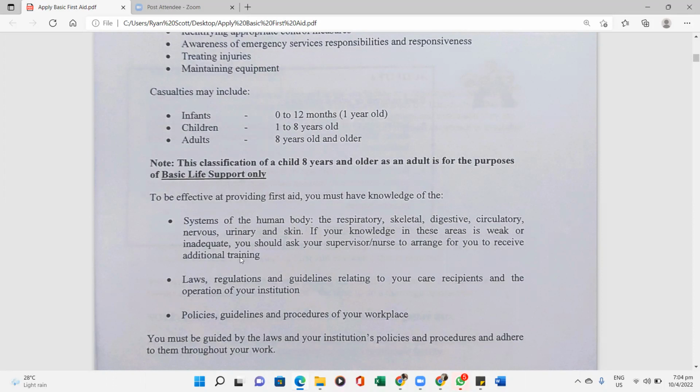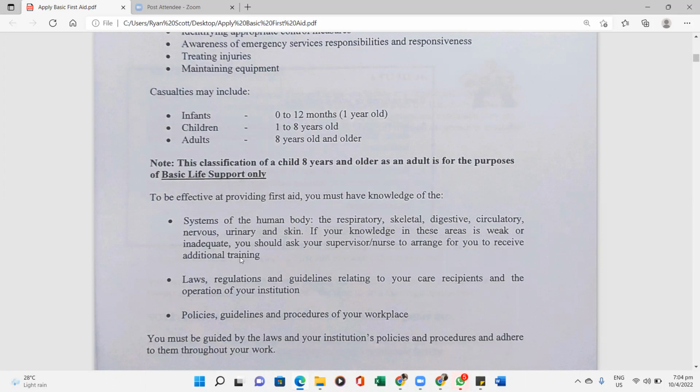It says systems of the body that you should be aware of, and we discussed most of those already, but we will go through them as you go along through the practice papers. Anything that you're not familiar with, you will definitely be able to get through. So don't worry about all this. It's the same thing going to be repeating over and over again. All right.